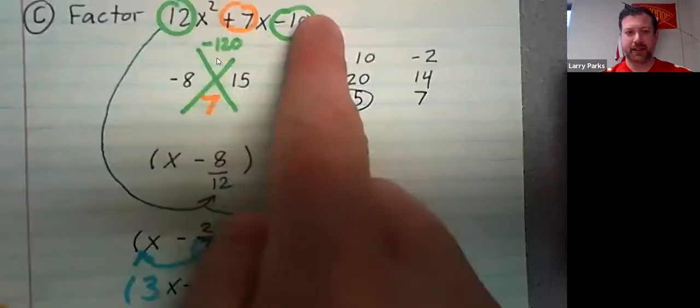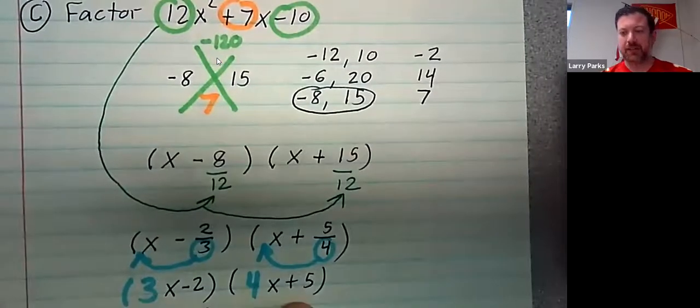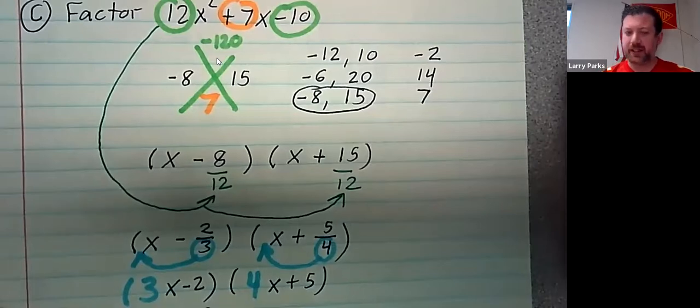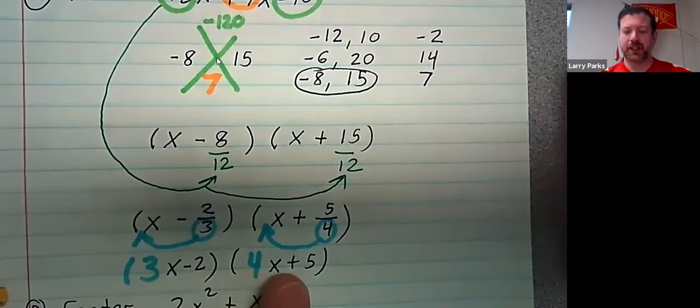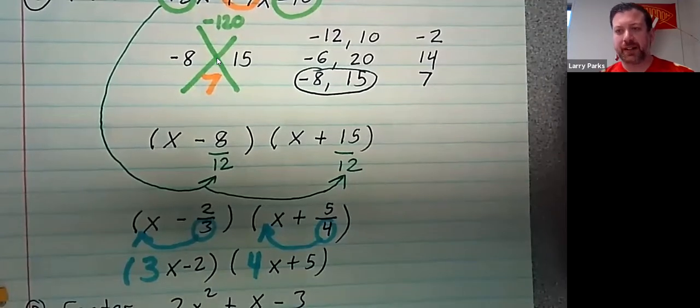Or you could take this and graph it and see that there's a graph on top of a graph. And then later we'll be talking about the x-intercepts. The x-intercept of this is 2/3, and the x-intercept of this is negative 5/4. And I'll talk more about how I got that. I think that's the next lesson.